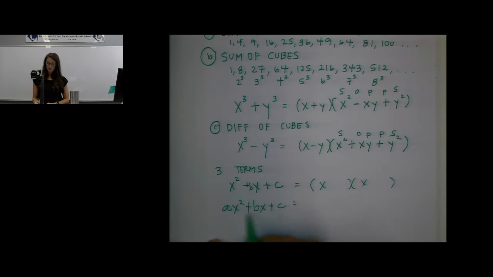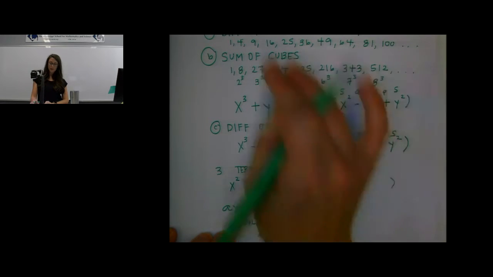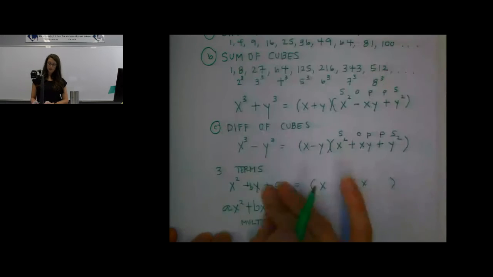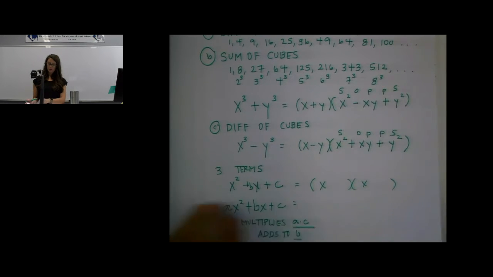And for this one, you ask yourself what multiplies together to give you ac and adds to be b. This is the one where you do the dividing inside there. So we've got 2 terms, we've got 3 terms, and then 4 terms you do by grouping.